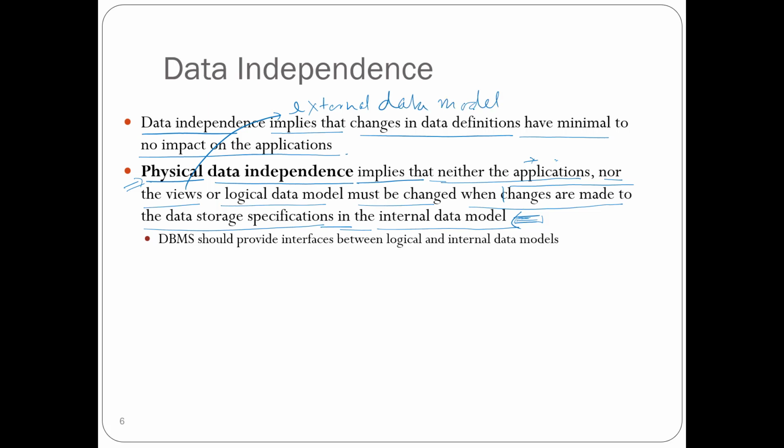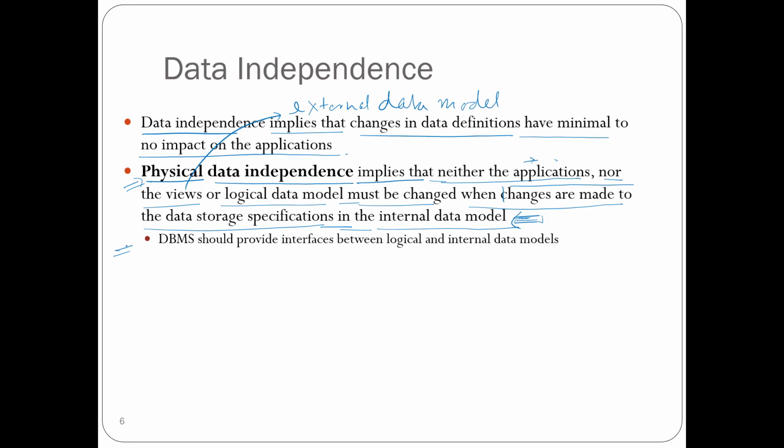Okay, you don't need to change the database application, which may interact with views, or the external data model. You don't even need to change the logical data model, right? Because the changes are actually happening at the internal data model. So this is a great flexibility. Okay, and how is that possible? That is possible because of this concept of physical data independence.